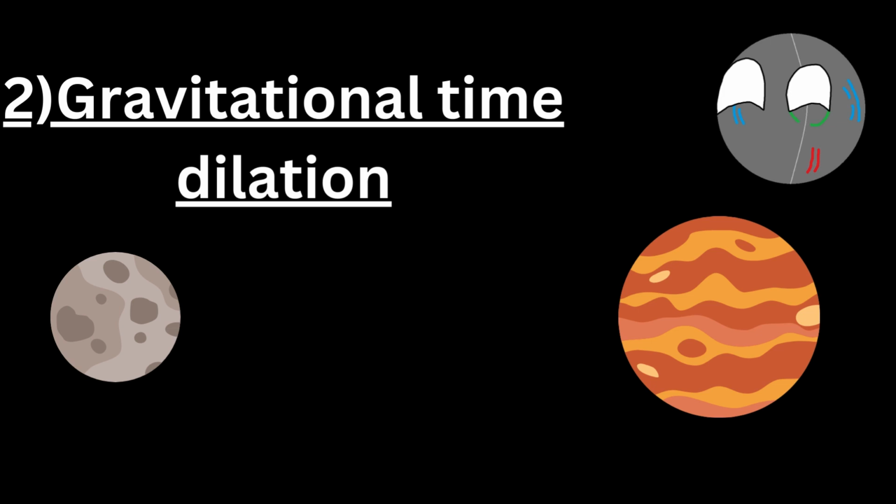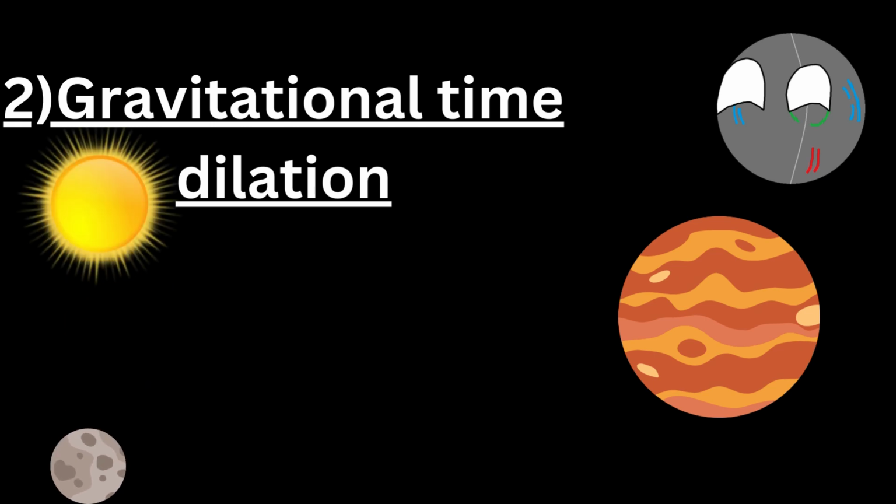So next is GTD, or the gravitational time dilation. Here we're going to take two planets, Chonia and Francisco, because why not? They are created by me. They do not exist in real life, but why not? So Chonia is a planet orbiting far from its star and is also less massive than Pluto itself.